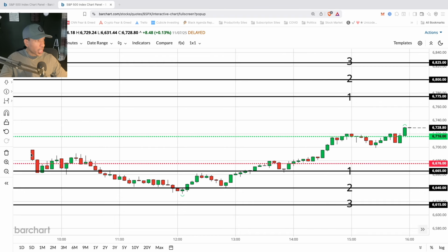So now, as you can see here on this 5-minute chart, the green dotted line represents 20 points above the opening price, and the red dotted line represents 20 points below the opening price. So when the market opened on Friday, the market immediately began to depreciate in value.